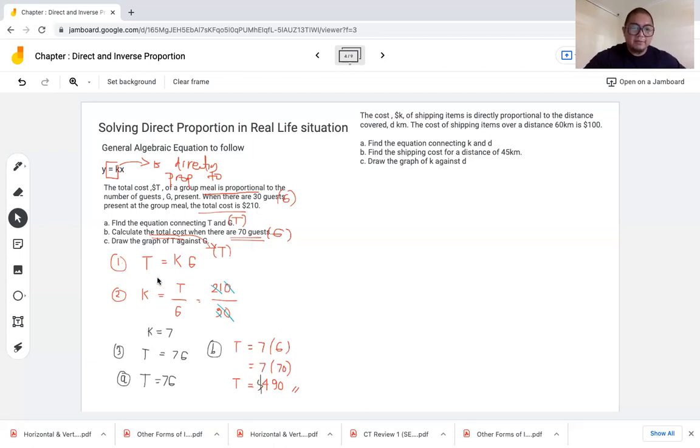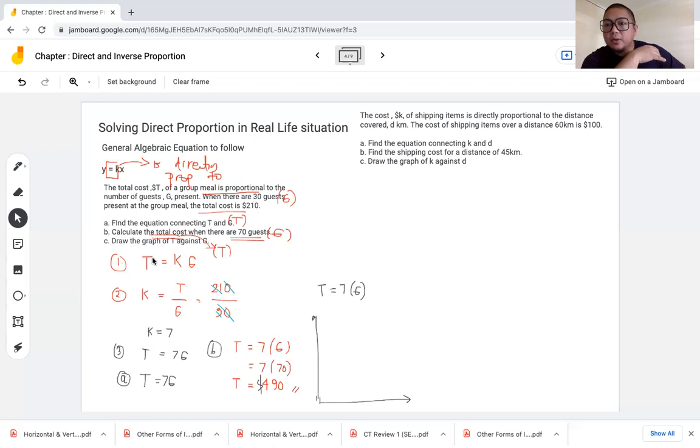Okay, so draw the graph of T against G. All right. So in this case, what you guys need to do is to understand that when you draw a graph, you should be using a graphing paper. However, I would just explain it here without a graphing paper. So what you need to do here is to use the equation itself, T is equivalent to 7 times G, for you to be able to graph that particular equation.